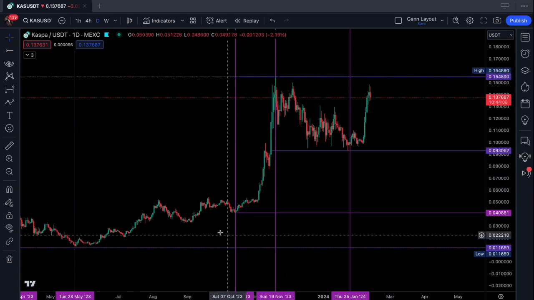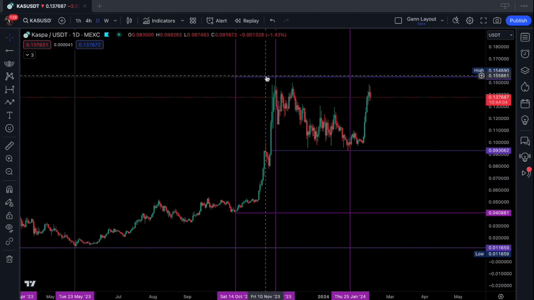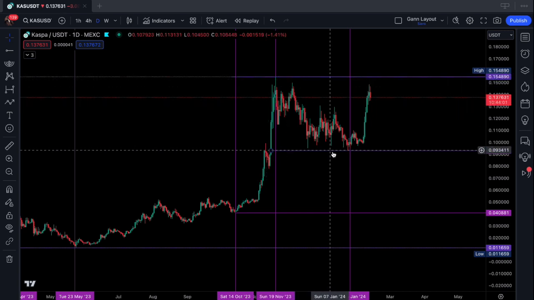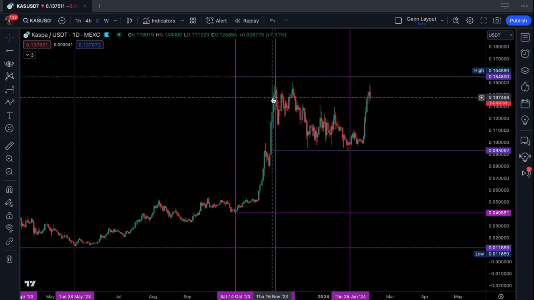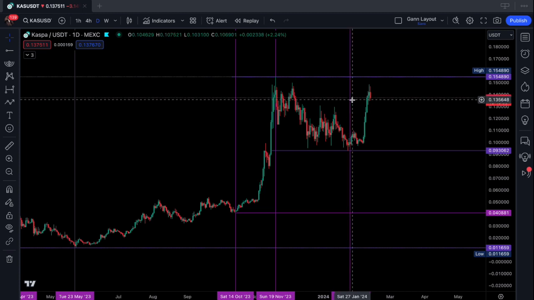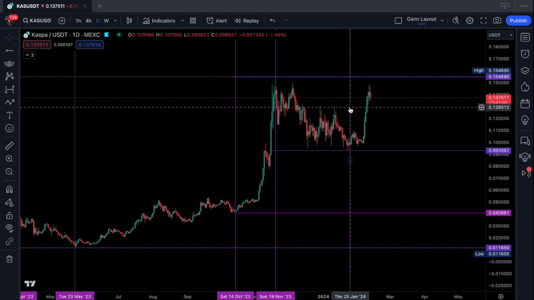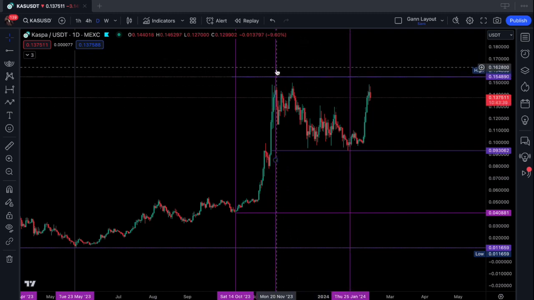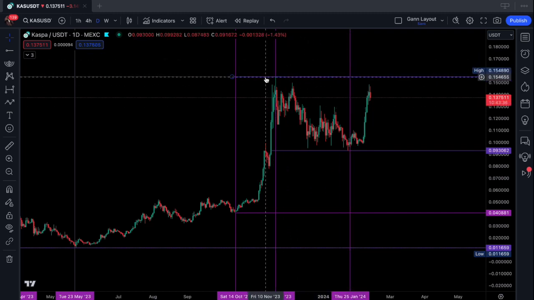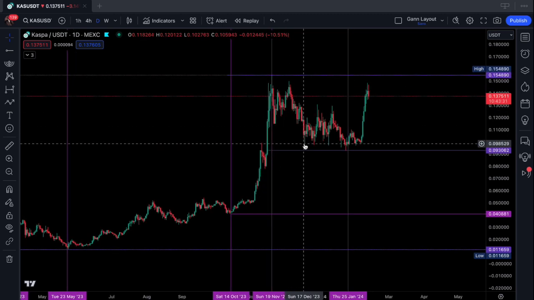I didn't scale the whole chart, I just scaled the downtrend, because I assumed that Kaspa has already made the low, and I want to project possible resistance levels into the future, especially if and when Kaspa gets above its former all-time high. So I scaled the chart.